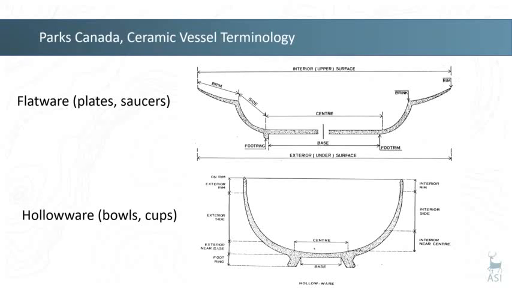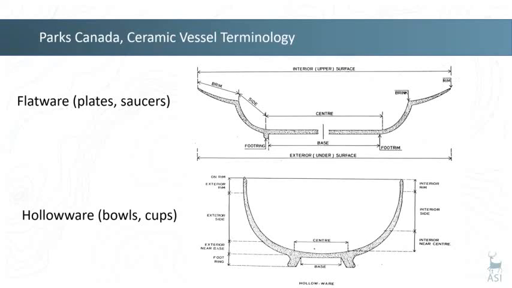Another thing that I think is really important to look at here is if you have a small piece of one of these vessels, it might not be immediately clear what your form is. So for example, if you had a small piece from the side of a piece of flatware, it's going to be pretty curved, because plates aren't perfectly flat the whole way through.